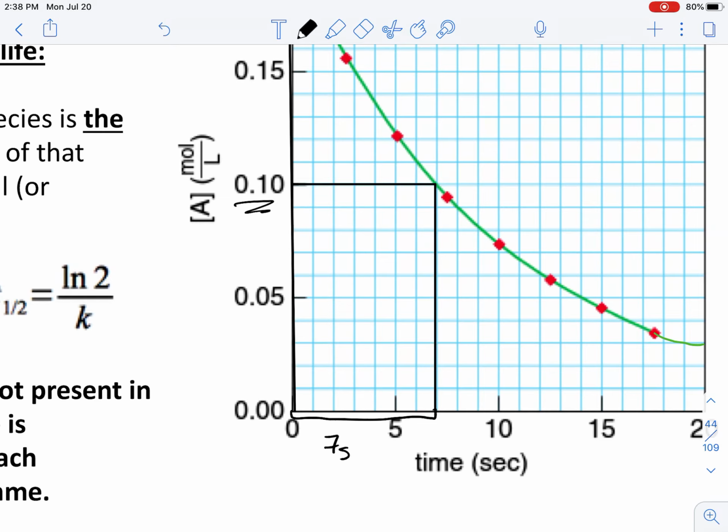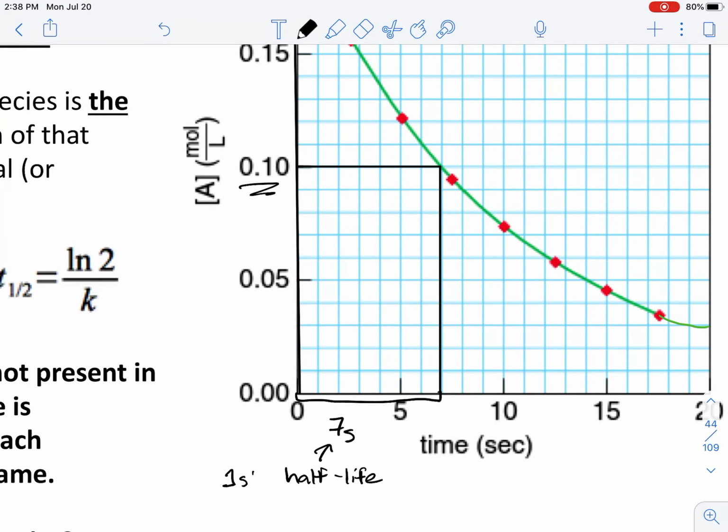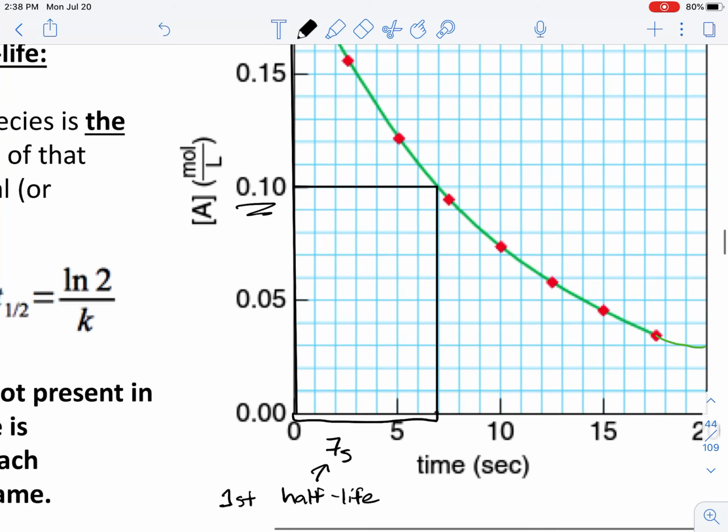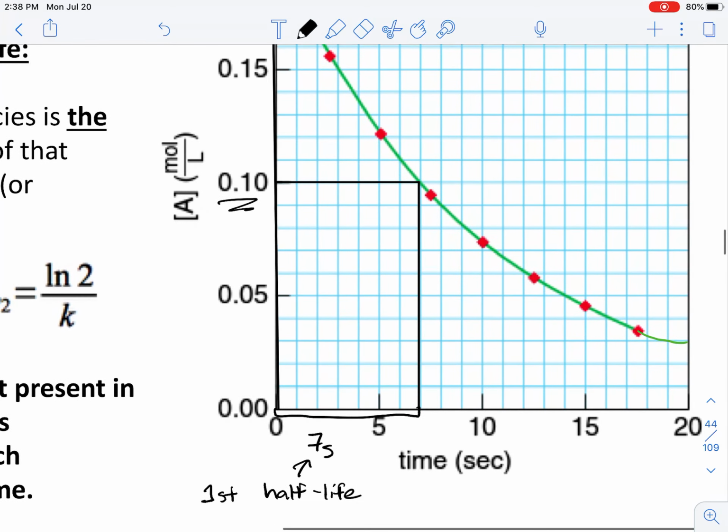This is going to be the half-life, specifically, the first half-life. It took 7 seconds for the reaction to go from 100% to 50% of reactant remaining.